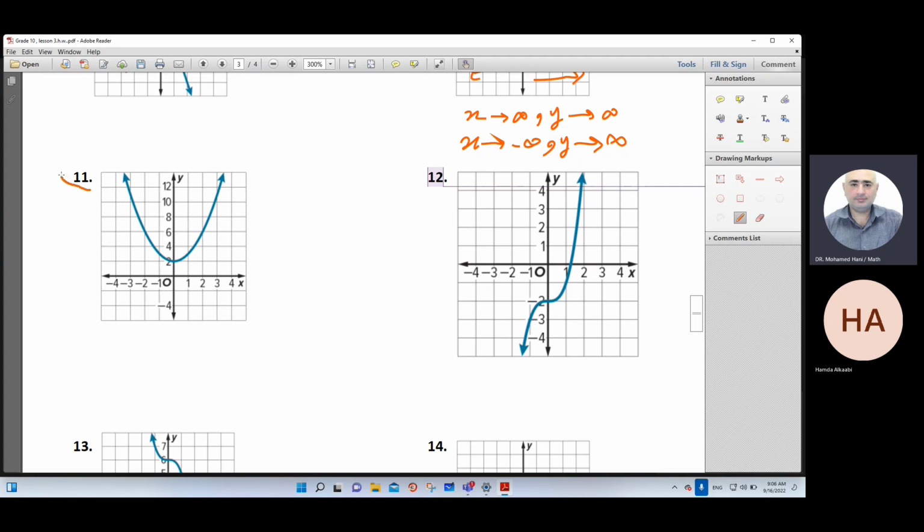Number 11. The same idea here in this side, when you go left, the values of x will be increased. And also the value of y will be increased.